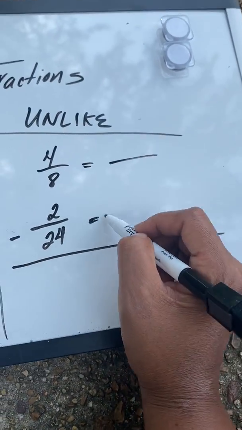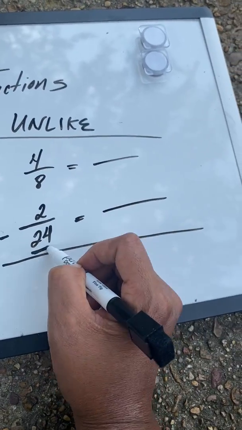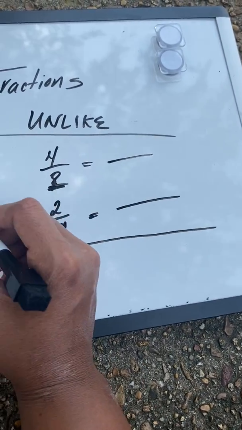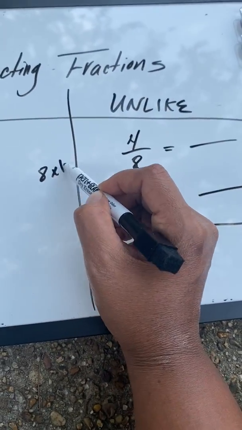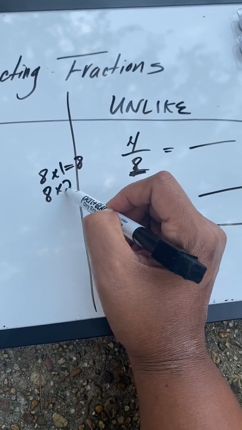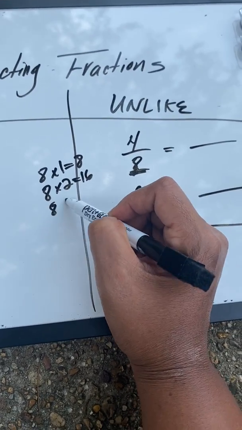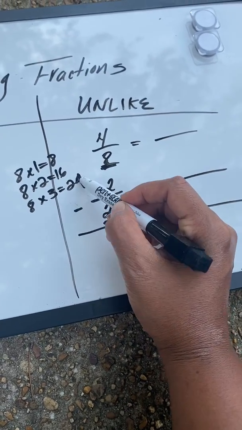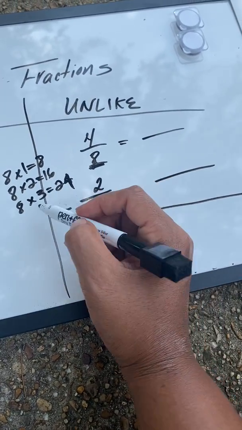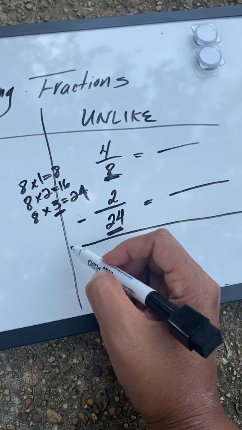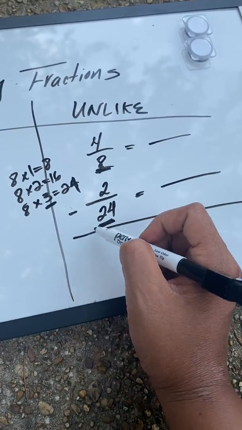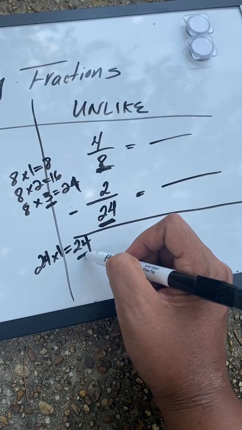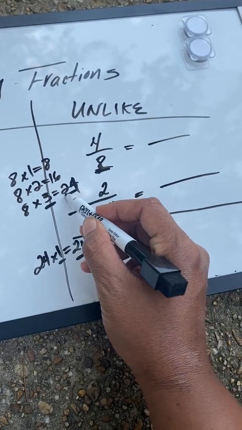Now I need a like denominator, so I'm going to take the smallest denominator I have here, which is 8, and I'm going to say 8 times 1 is 8, 8 times 2 is 16, 8 times 3 is 24. Oh, got what I need, 24, and it goes in there 3 times. Now I'm going to go to 24. 24 times 1 is 24. Oh, got what I need. All right, I got what I need.